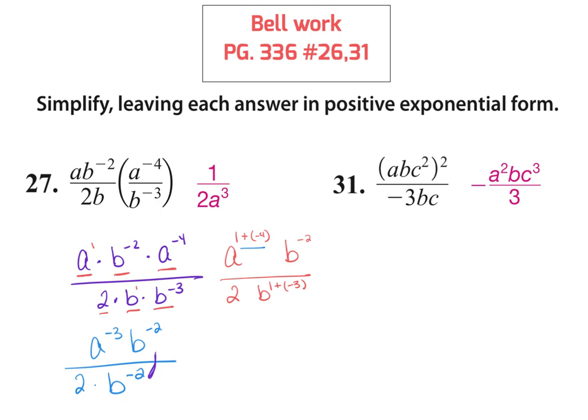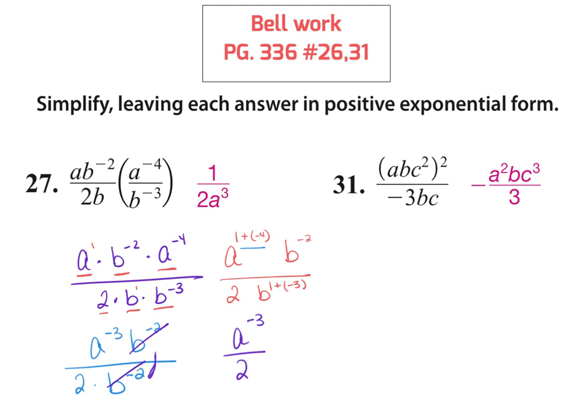Anytime you have the exact same thing on top and bottom, b to the negative 2, b to the negative 2, those are always going to reduce to just 1. Always. 3 over 3, that's 1. 4 over 4, that's 1. X over x, that's 1. B to the negative 2 over b to the negative 2 is just 1, okay? So those are going to cancel out. And you have a to the negative 3 over 2.